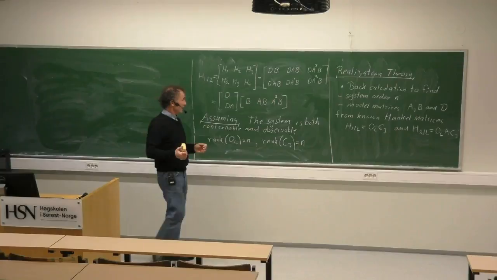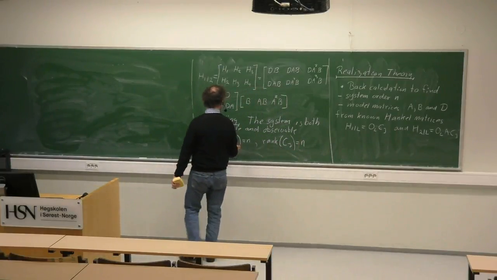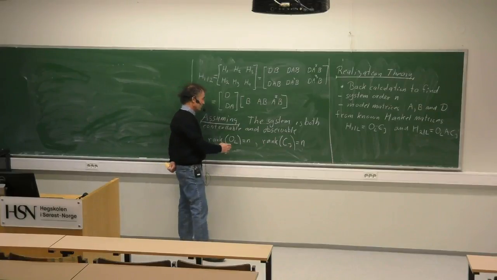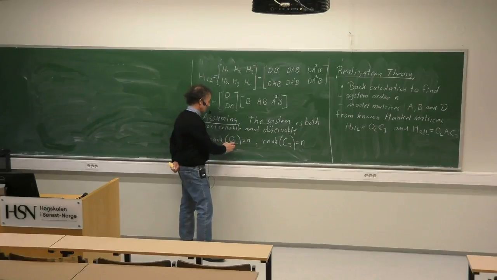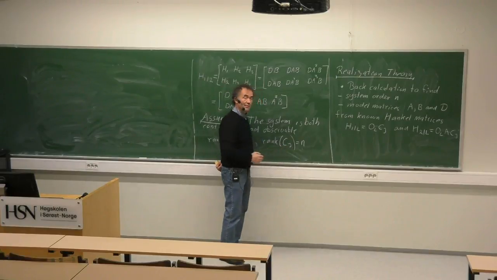So remember the rank, as I said here, we know because we assume that the system is observable and controllable. Then we know by assumption that the rank of the observability matrix is n and the rank of the controllability matrix is n.